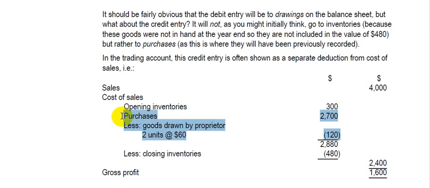Then we take out our closing inventory to give us cost of sales of 2,400. Subtract that from the sales of 4,000, gives us a gross profit of 1,600.